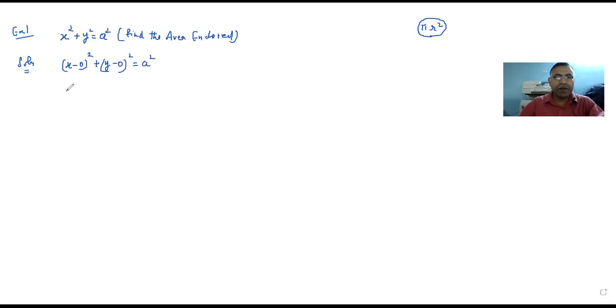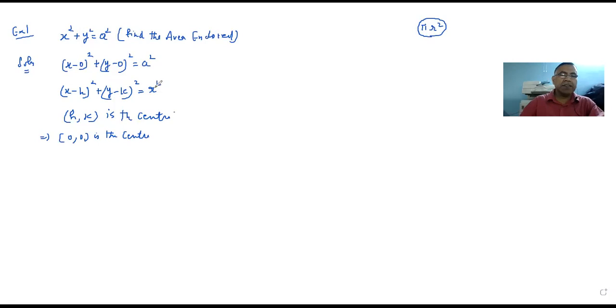What it means, if I compare it with the standard equation of circle, my h and k, this is the center of the circle. So h is 0, k is 0, which implies (0, 0) is the center. So (h, k) is the center, and this r is the radius. So r is a, which implies a is the radius.